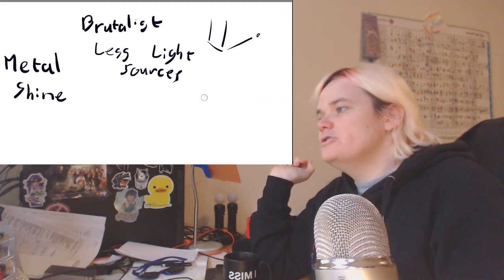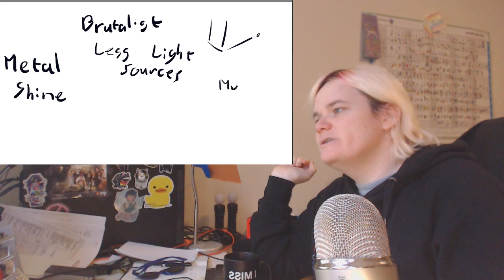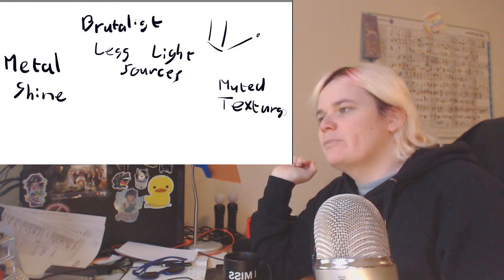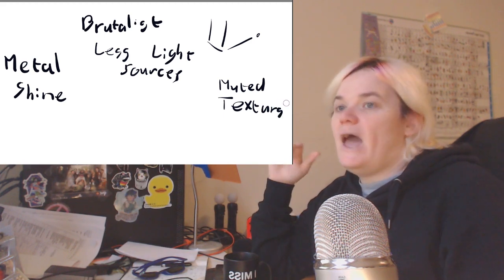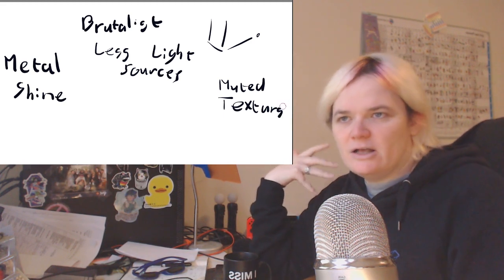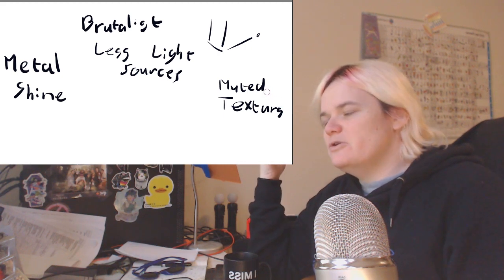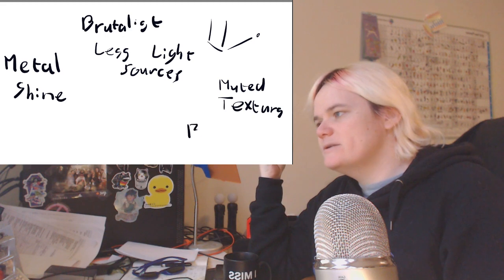But I think what you're going to see is a lot more muted textures, because muted textures will play better with how light bounces around and how colors bounce around. But I also think you're going to see blocks of color.